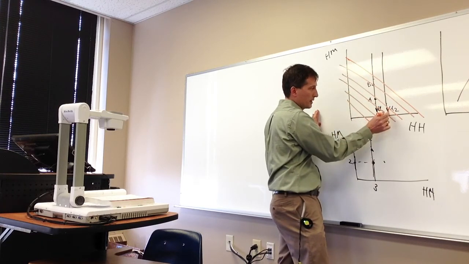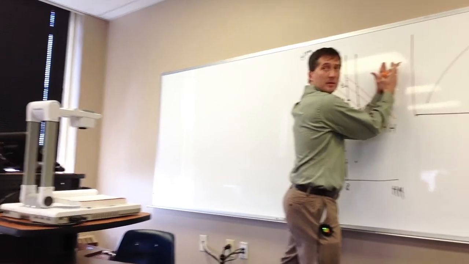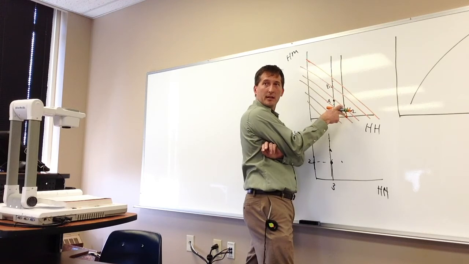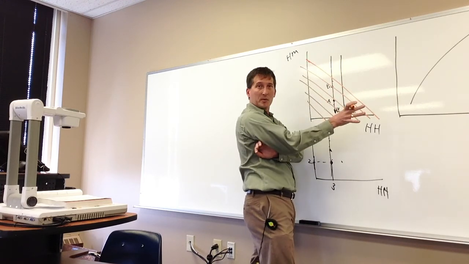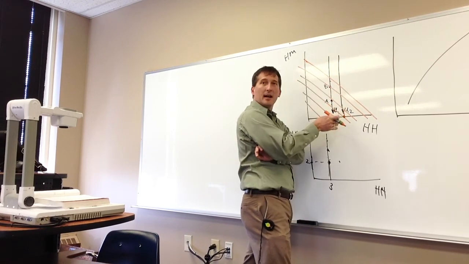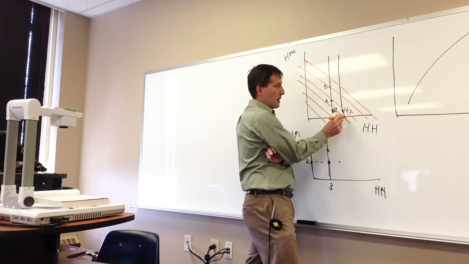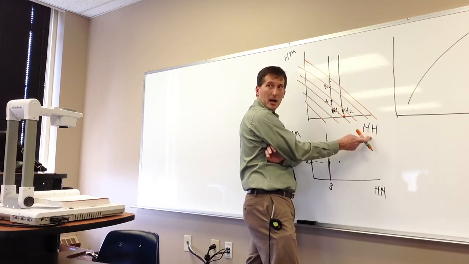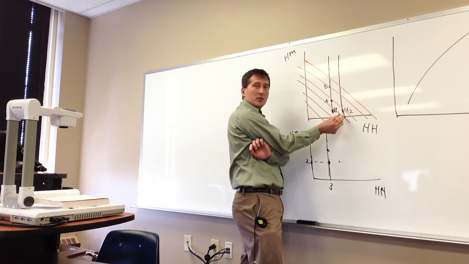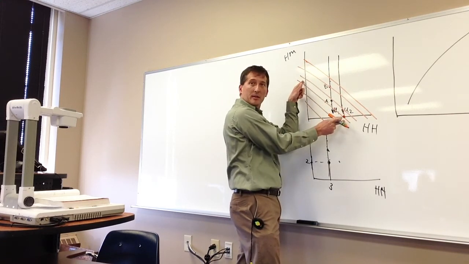Well, your solution is right there. You're going to push yourself out to make yourself as happy as possible. The slope of this is not defined, right? So you're going to have trouble with the slopes. This is when you get into a unique situation where if you're given preferences like this, then the solution to the problem is to buy all hip hop and no heavy metal. And that's called a corner solution, just because we're forcing it to be at one of the extremes.